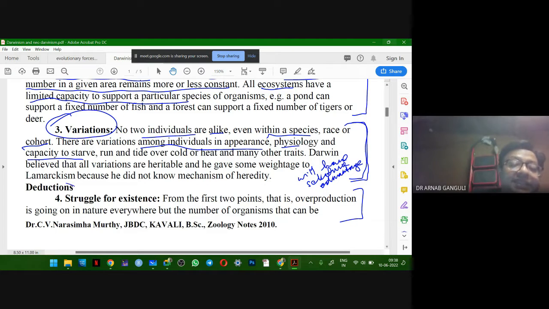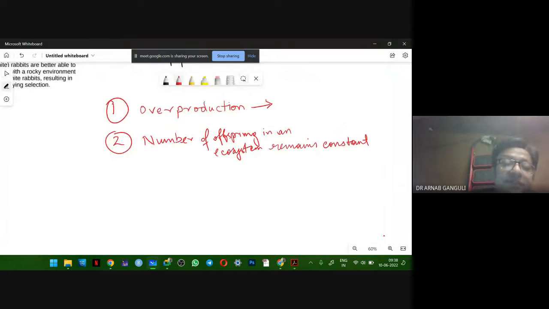The next thing is struggle for existence. So the third point which we saw was variation among individuals.